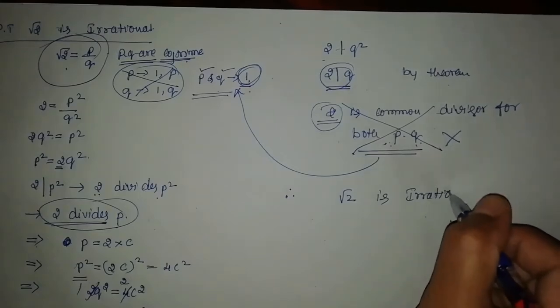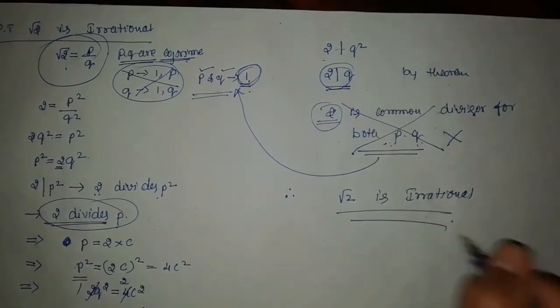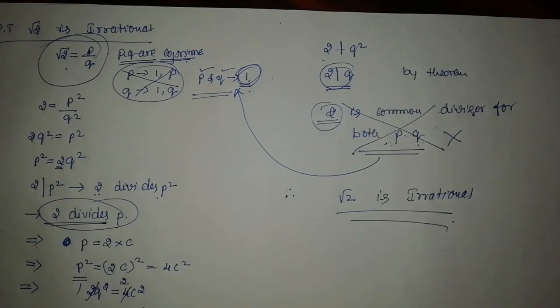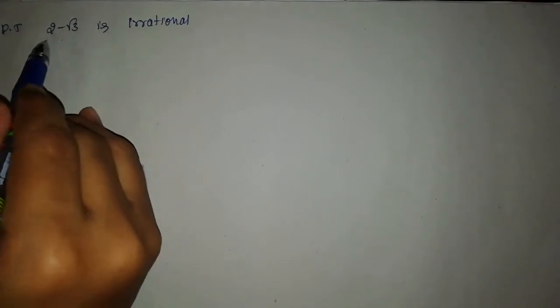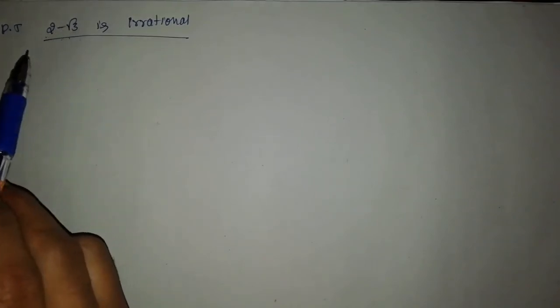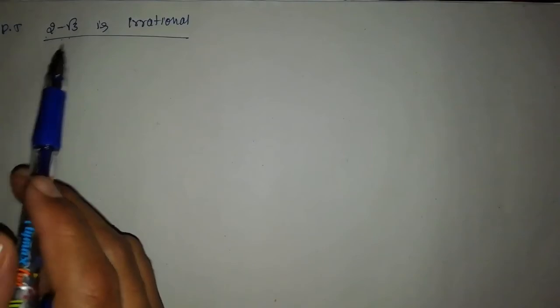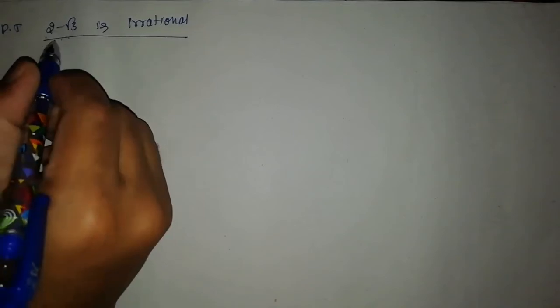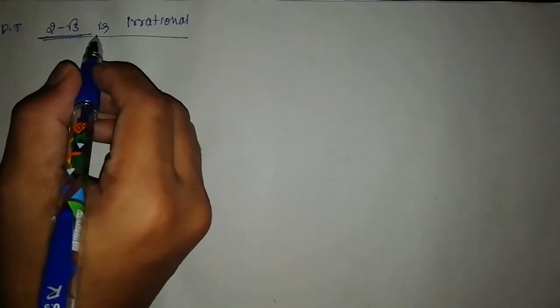So this is the way to prove the irrationality of a number when it is given like this: root 2, root 3, root 5. Prove these numbers are irrational. If this type of problem is asked, I told you one will be rational and another will be irrational, and they will be added, subtracted, multiplied or divided. If that type of problem is asked, the procedure is very simple.